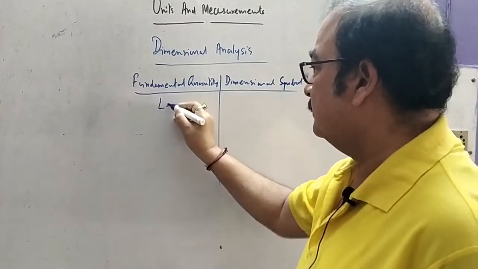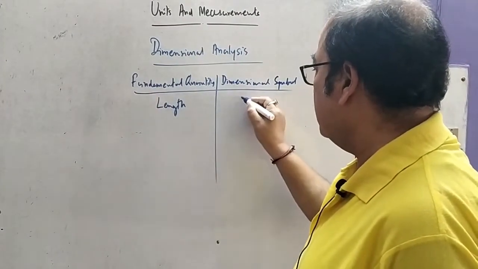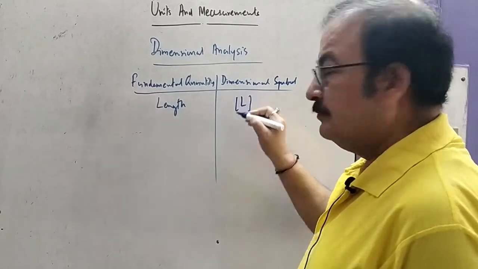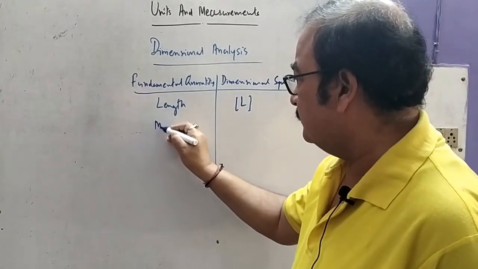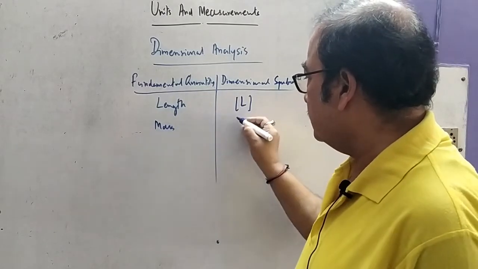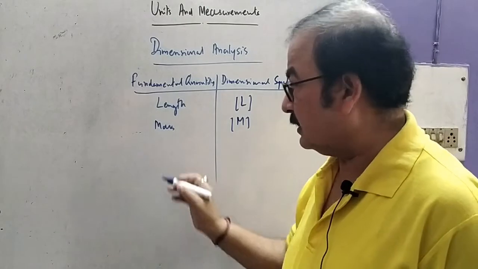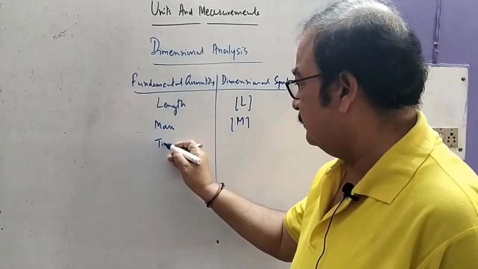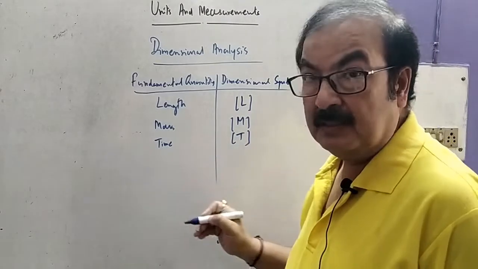First we write length. Length is written as L. Okay. Next we write mass. It is written as M, with this square bracket. Next we write time. Time is written as T.